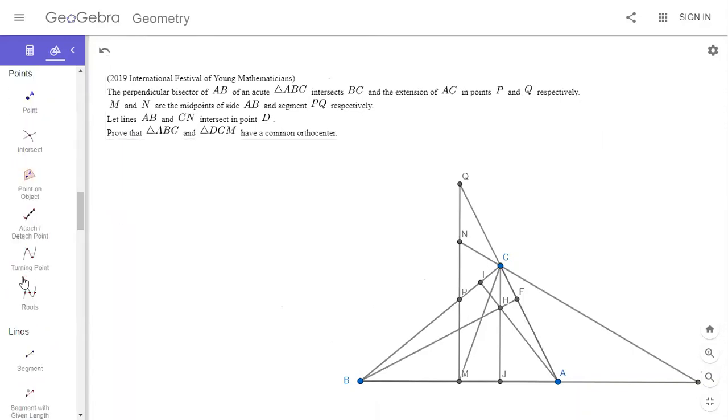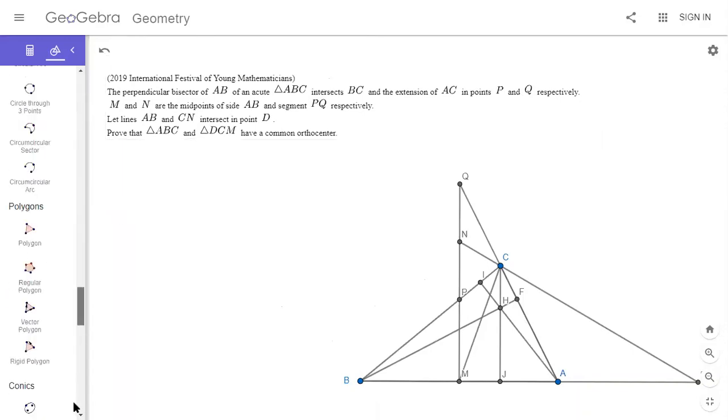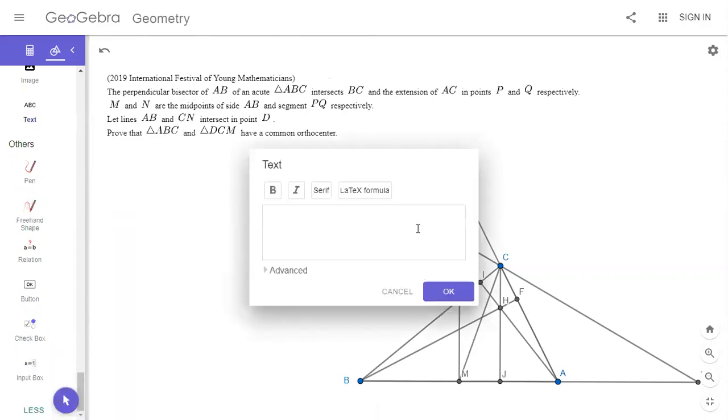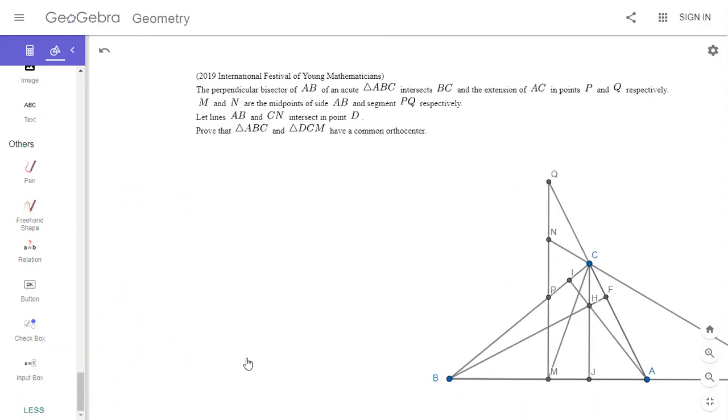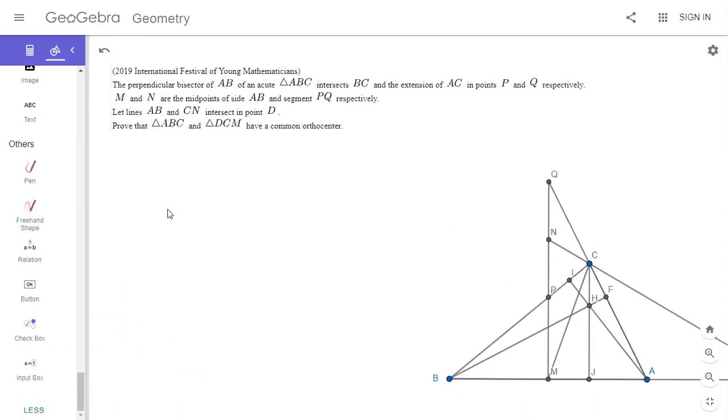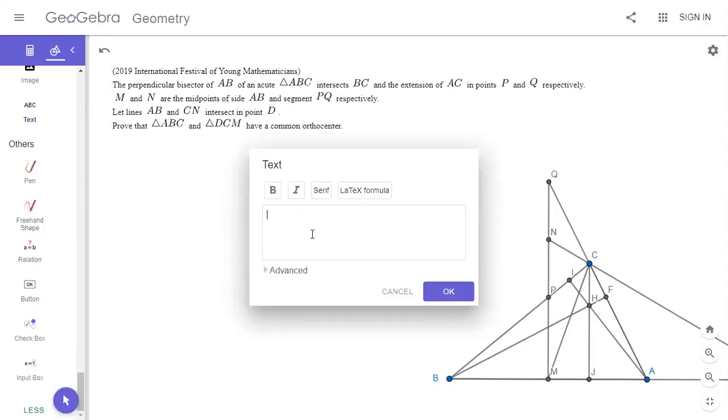Okay, so I'm just going to move it over here for now. That's point D. So angle ABH equals 90 minus angle BAH, or BAC.